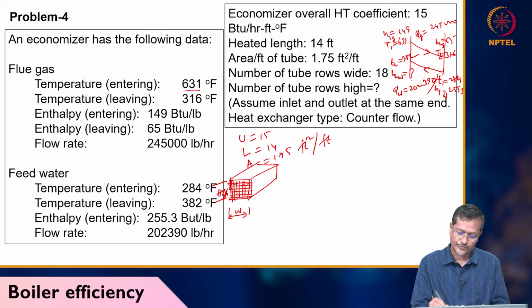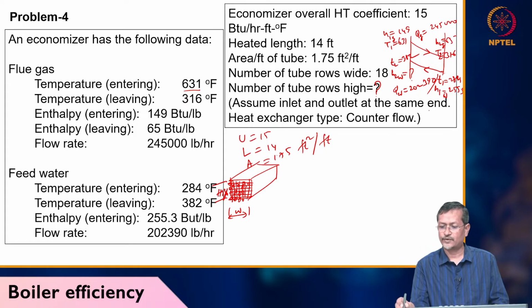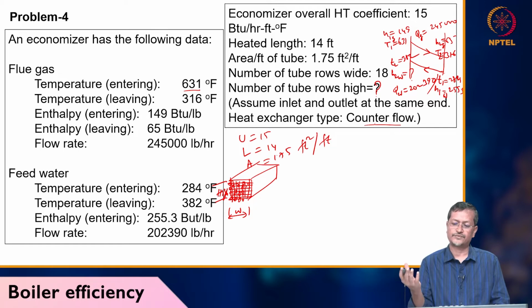So these are my tubes. The circle I am drawing, that's actually a tube. Number of tube high you have to calculate. So vertically how many tubes are there, you have to calculate. Assume inlet and outlet at the same end, heat exchanger type, counterflow. Same end means actually you have to use even number of tubes.